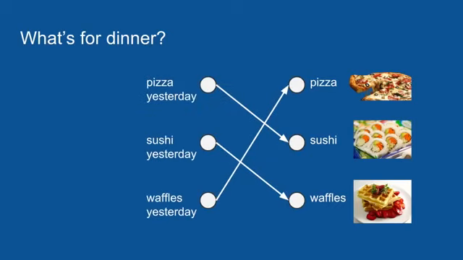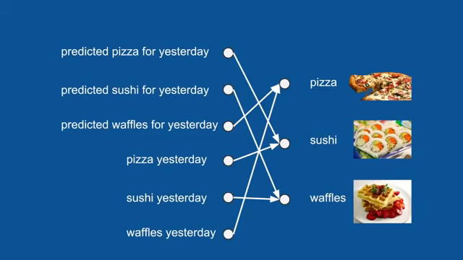So knowing this, we can make a new neural network. In our new one, the only inputs that matter are what we had for dinner yesterday. So if we had pizza for dinner yesterday, it'll be sushi tonight, sushi yesterday, waffles tonight, and waffles yesterday, pizza tonight. It becomes a very simple voting process, and it's right all the time because your flatmate is incredibly consistent.